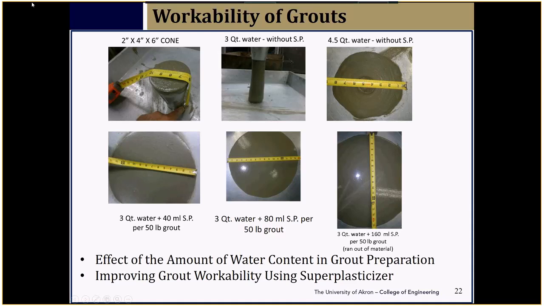The workability you get is this. It's very, very stiff. The grout is so stiff that even in lab conditions, leave alone field conditions, it's impossible to place the grout with the amount of water they have specified in the instructions. It's not possible.